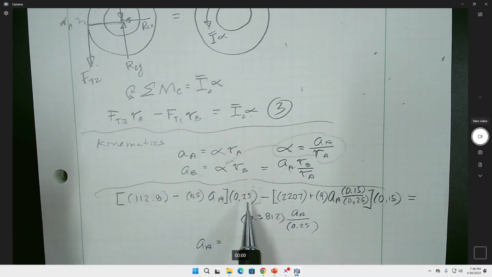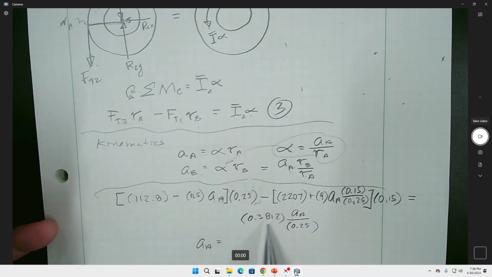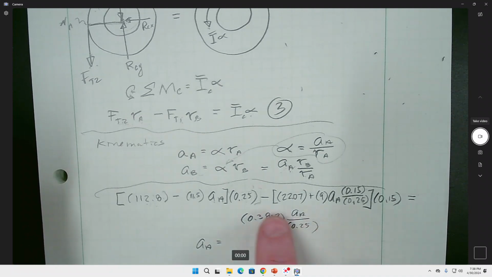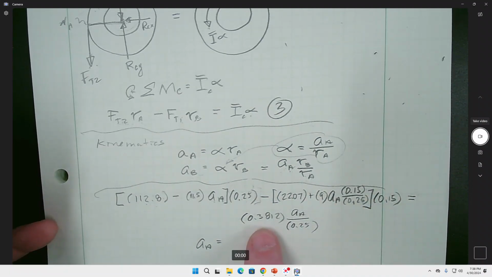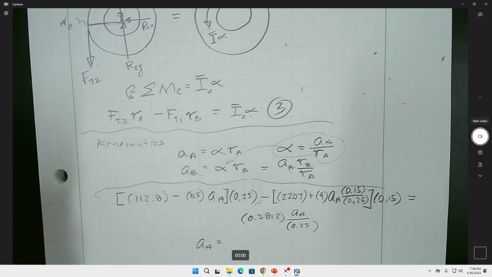Now all these other things, we have to combine the coefficients of A. That's how I think of it, at least. That one's negative, and that one too is also going to be negative. So they'll come over here and add to this side. So we're going to go 11.5 times 0.25.